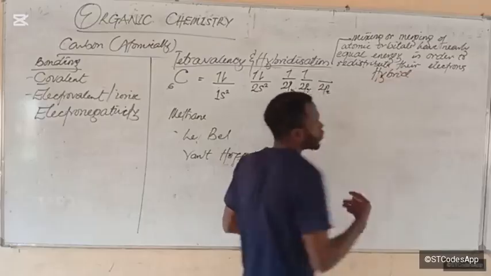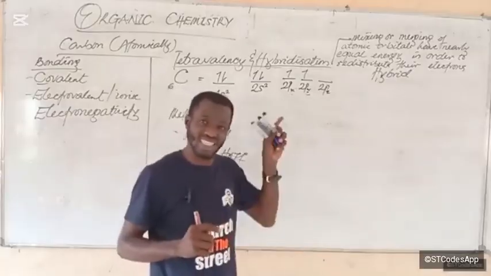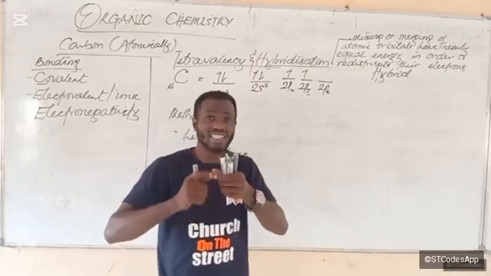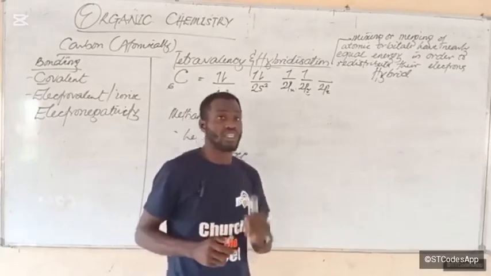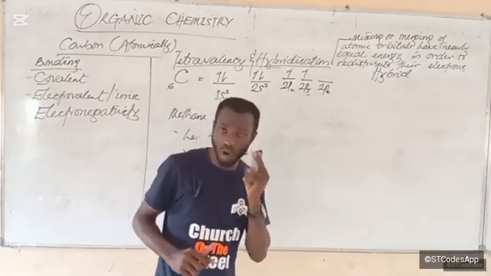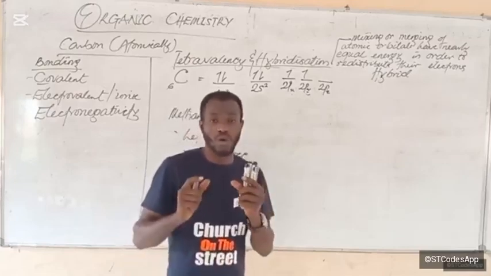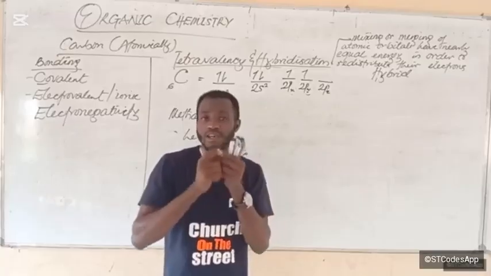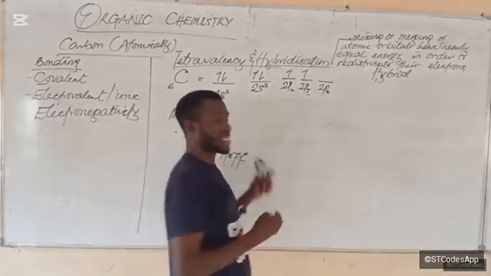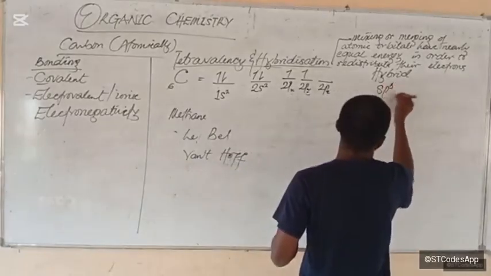That hybrid is not going to have exactly the same shape as the 2 initial orbitals that were mixed. It's going to reorient itself, although it will still follow the protocol of a maximum of 2 electrons in each orbital, and it will be composed of the orbitals that made it up. So what was discovered with methane and ethane and other alkanes is what we call sp3 hybridization.